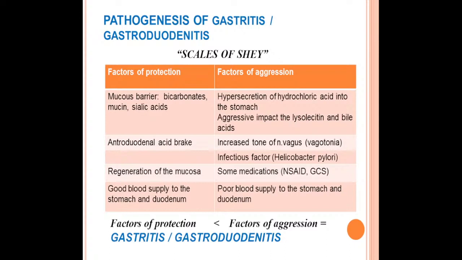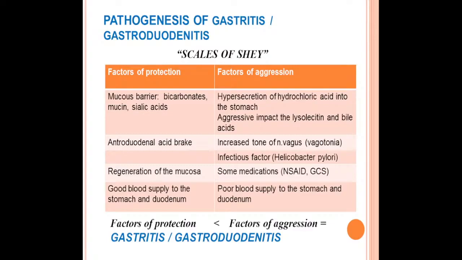There are two groups of factors: factors of protection and factors of aggression. Factors of protection in the stomach and duodenum are the mucous barrier, which includes bicarbonates, mucin, sialic acids, the intraduodenal acid brake, and regeneration of the mucosa. Chloroacidity is an aggressive factor, synthesized in healthy humans and in patients with gastritis or peptic ulcer.